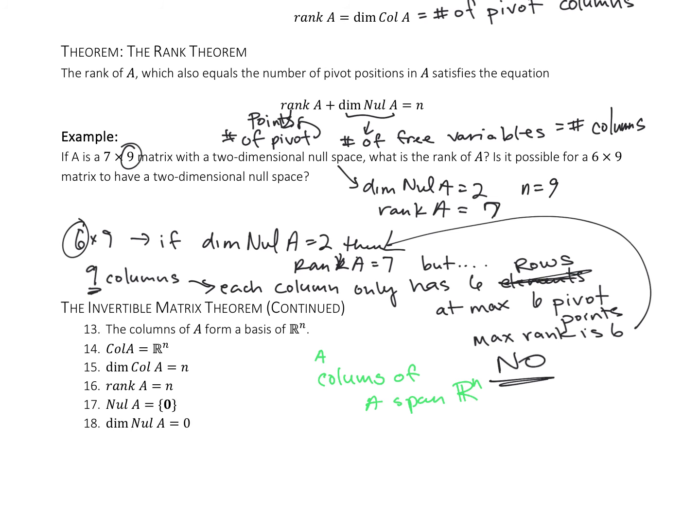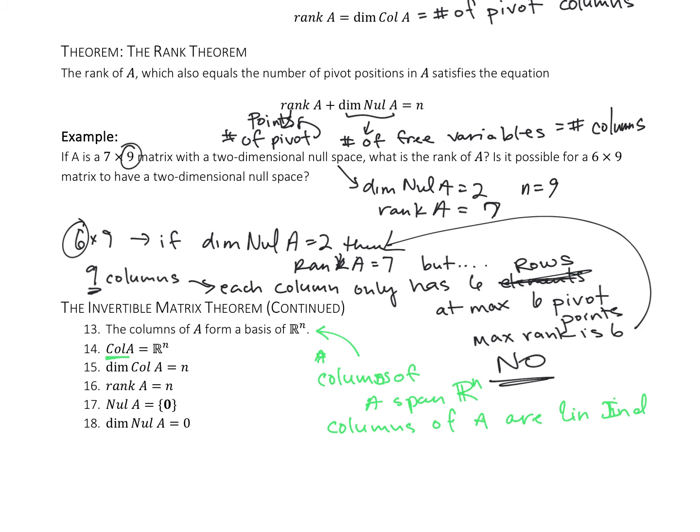So we already know that. And we already know that the columns of A are linearly independent, well, that is the definition of a basis for Rn. So that tells us that the columns of A form a basis for Rn.